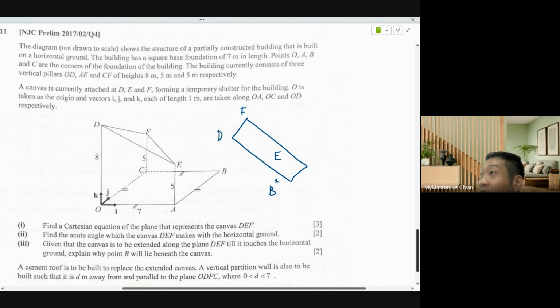You want the perpendicular distance from P to B. Where is P? P is on the plane. So we want it to be perpendicular. Now, if you draw it like that, it's very hard to do.